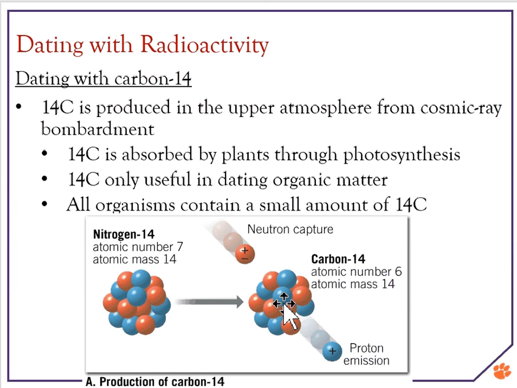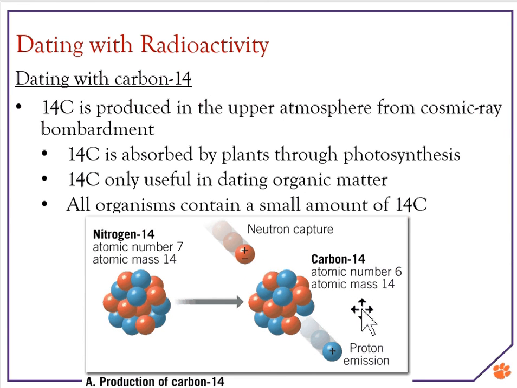And it also keeps the atomic mass the same, because what happens when we have a neutron captured, we are losing a proton. It is going to be emitted. So when we are losing a proton, that means the atomic number is going to decrease by 1. However, since we are replacing a proton by a neutron, the atomic mass is going to stay the same.